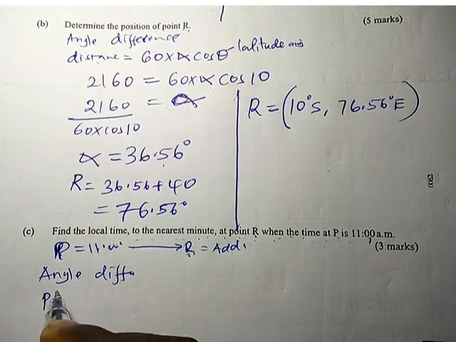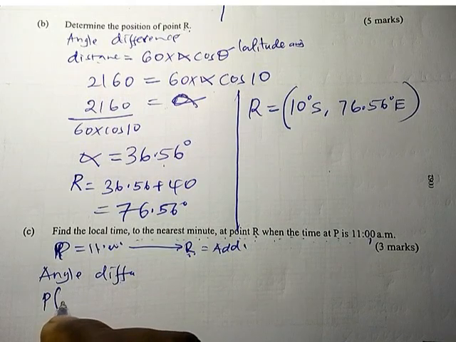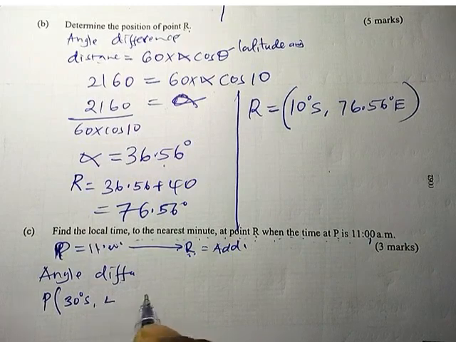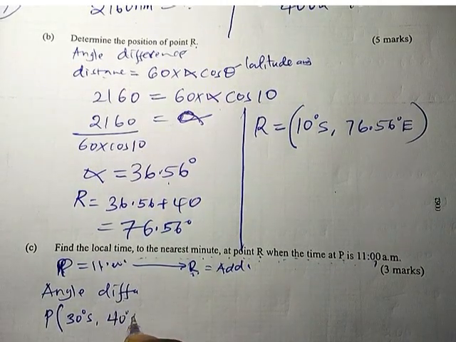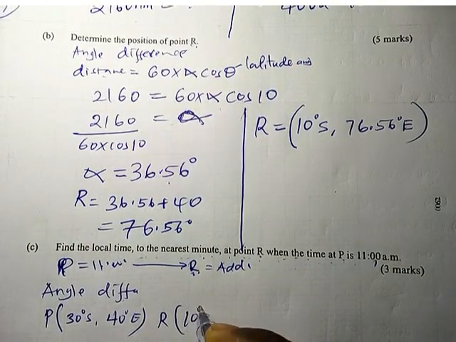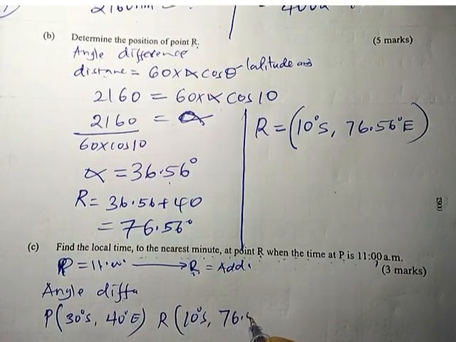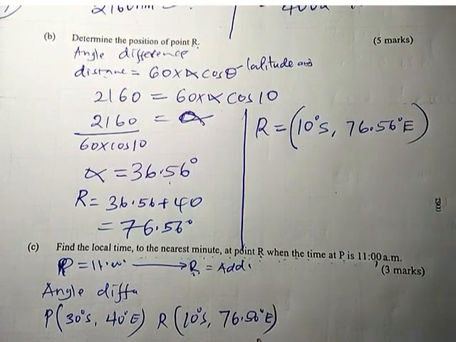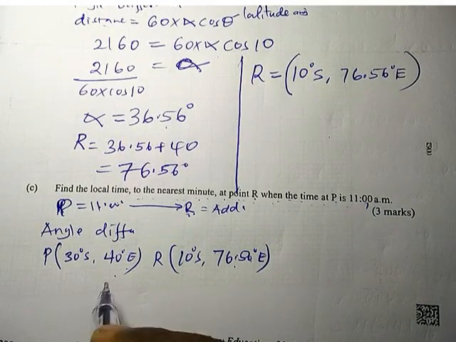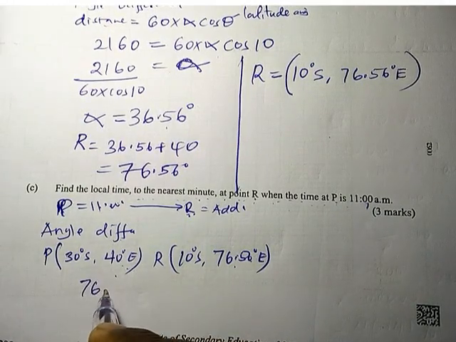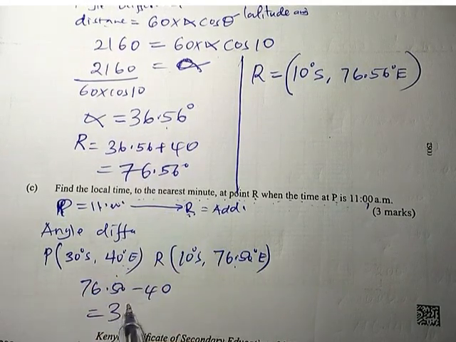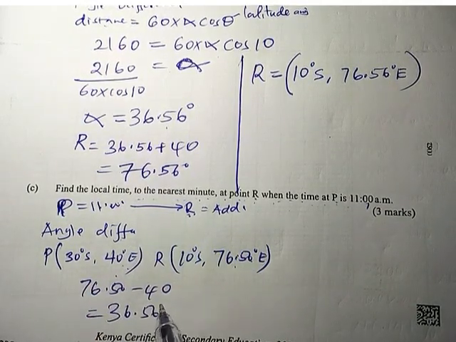Now P is 30 degrees south, 40 east. R is 10 degrees south, 76.56 degrees east. So east, that is the longitude we have. We get the angle difference, which is 76.56 minus 40, and that gives us 36.56 degrees.